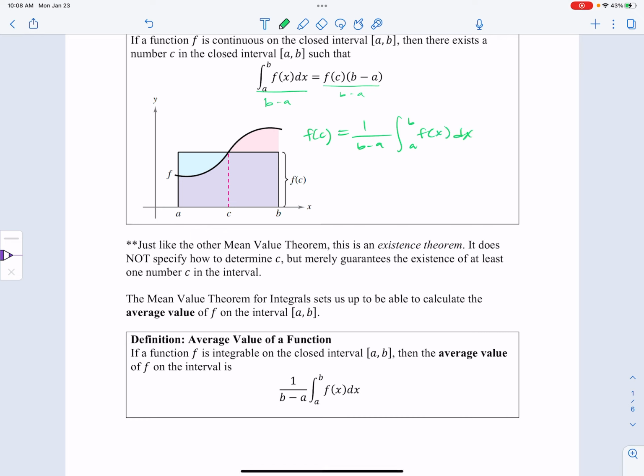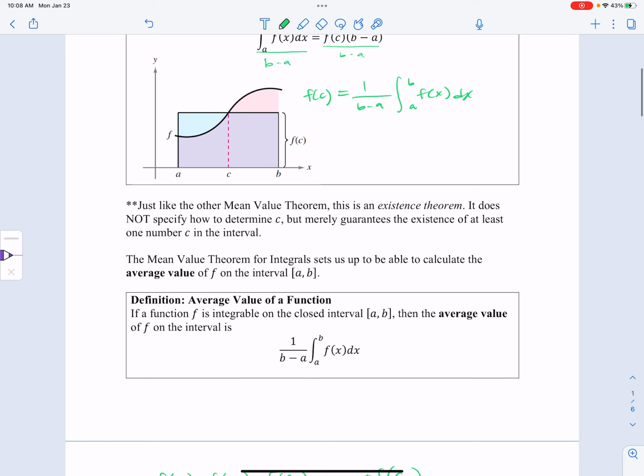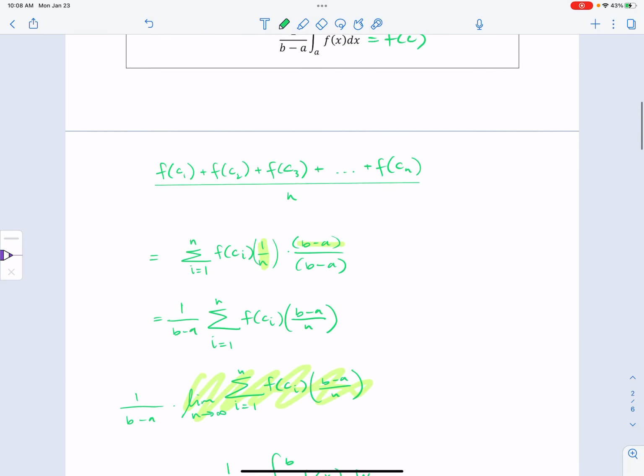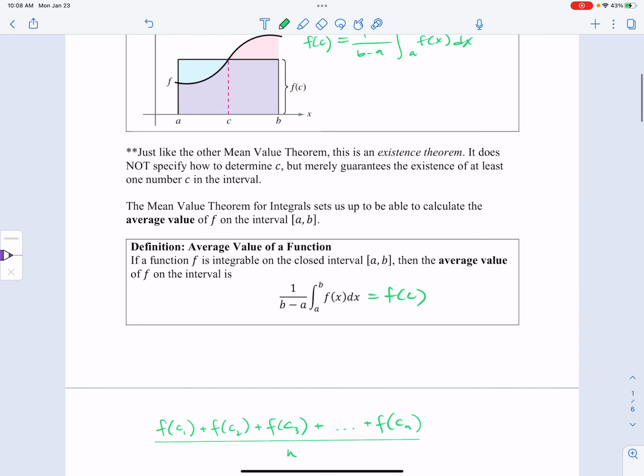So the height of that rectangle that has the same area as the area under the curve is actually the average function value on the interval from a to b. So this is equal to f of c. So using the average value is how you could determine what c is.